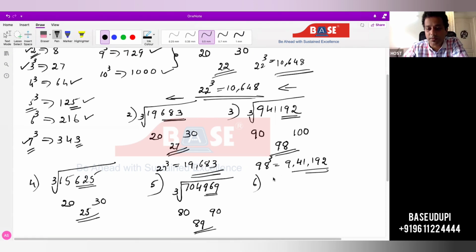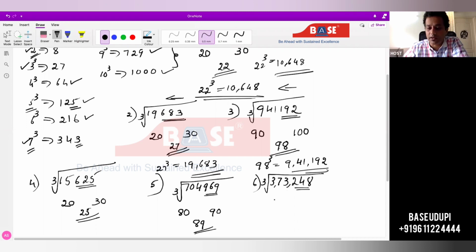Let me take one more. Say this time, for a change, 3 lakh something, 373,248 is the cube number. Remember, it is a cube number. We are finding the cube root of this particular number, 373,248. The last three digits, 248, anyways, we are not considering. All right, what is left out is 373. 373 is between 7 cube and 8 cube, because 7 cube is 343.